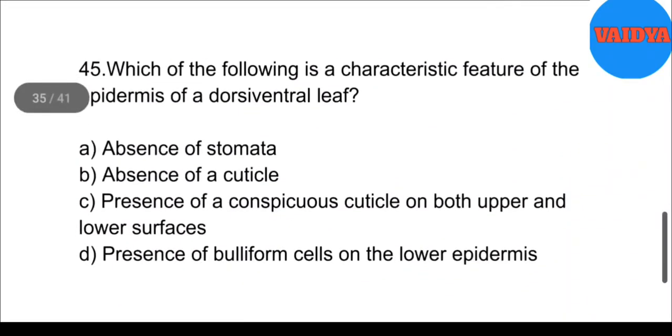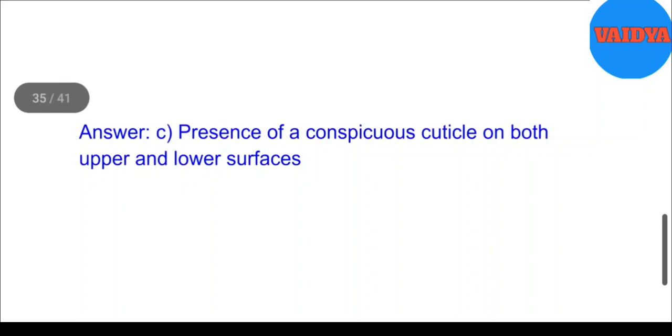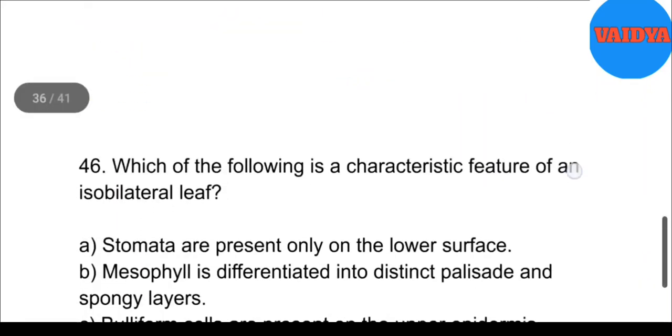45. Which of the following is a characteristic feature of the epidermis of a dorsiventral leaf? A. Absence of stomata. B. Absence of a cuticle. C. Presence of a conspicuous cuticle on both upper and lower surfaces. D. Presence of bulliform cells on the lower epidermis. Answer: C. Presence of a conspicuous cuticle on both upper and lower surfaces. 46.